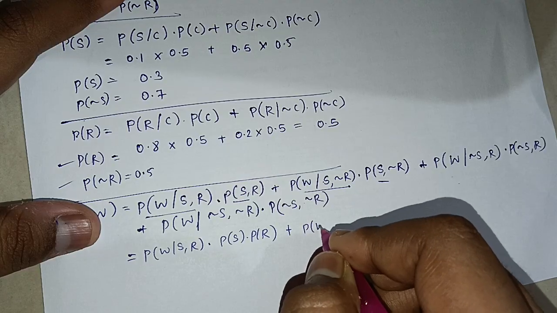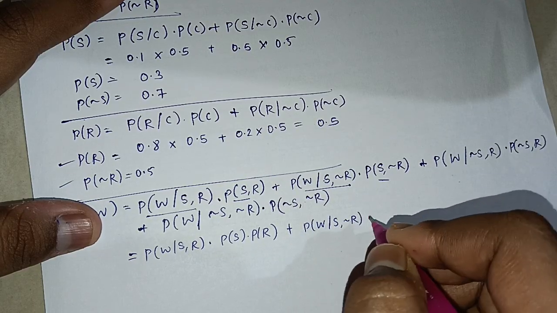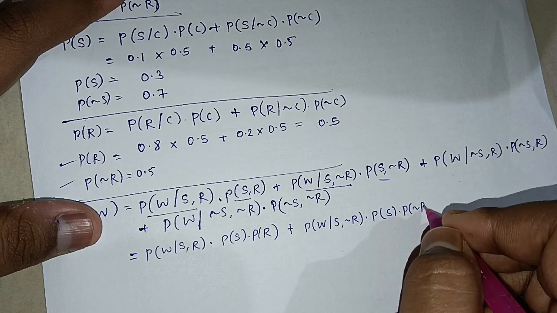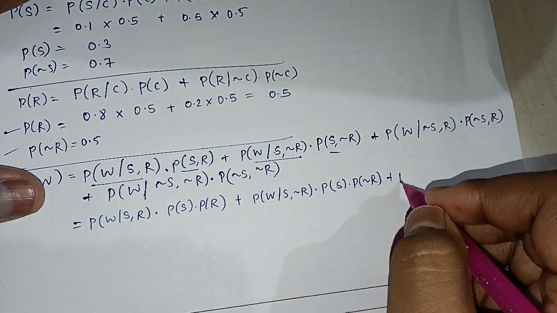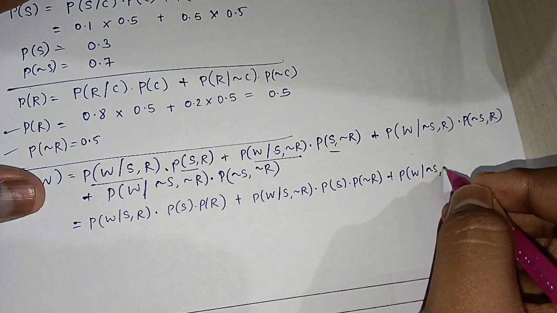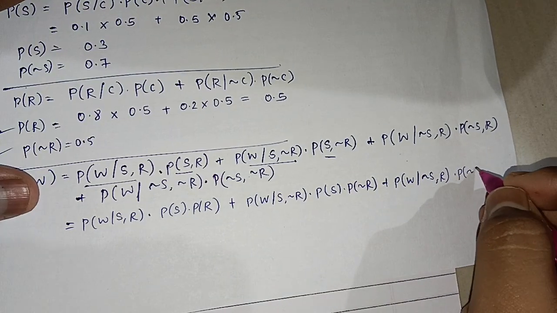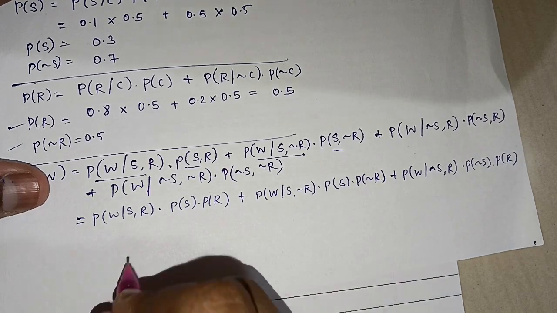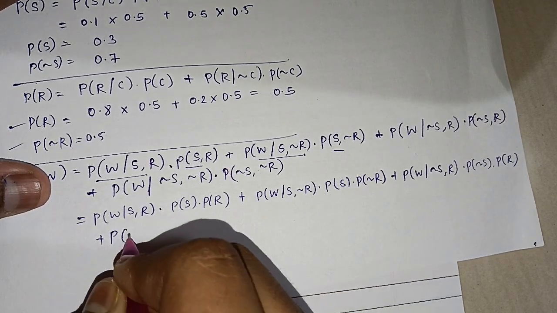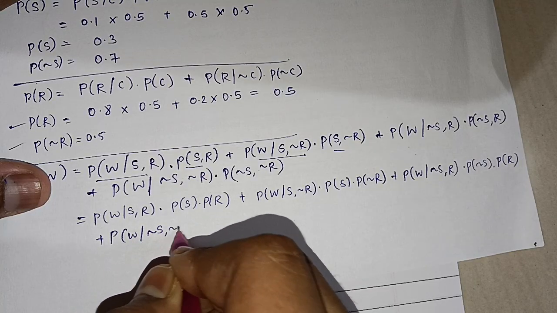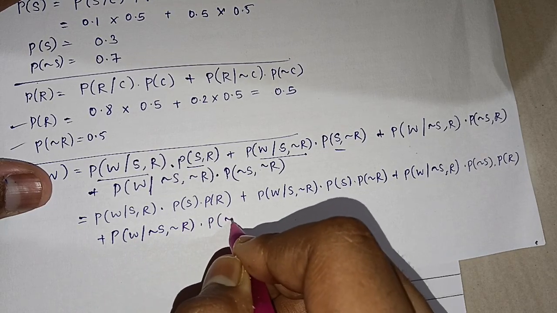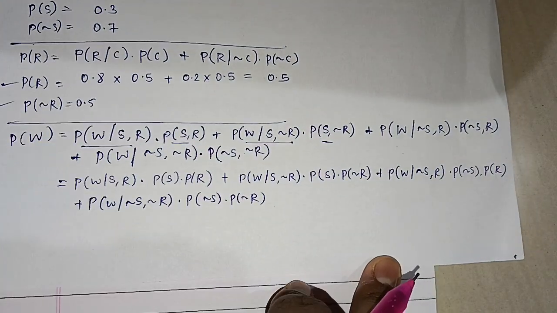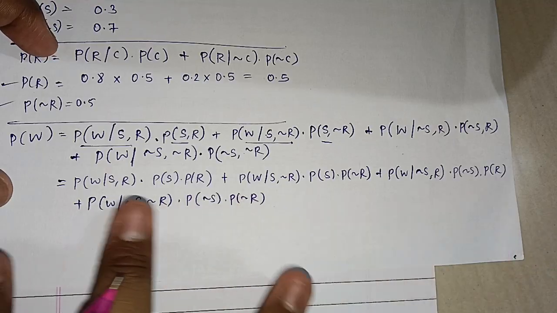Same for this: P of W given S and negation R into P of S into P of negation R, same P of W given negation S and R, P of negation S into P of R, and the same as P of W given negation S, negation R, P of negation S into P of negation R. In this way we have written it.